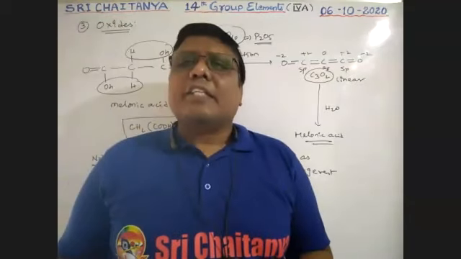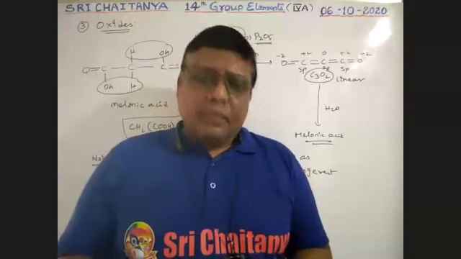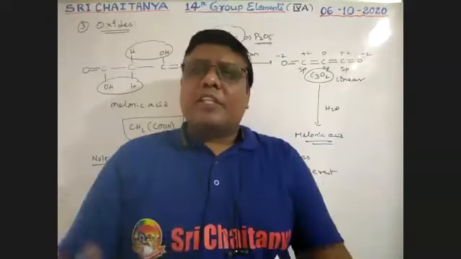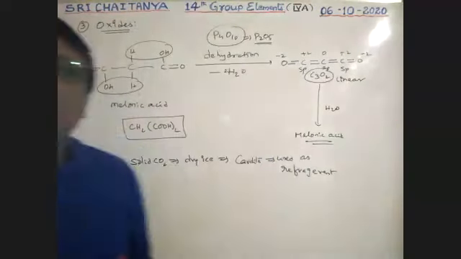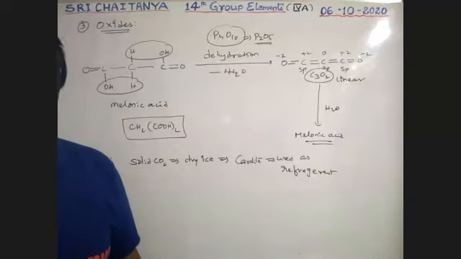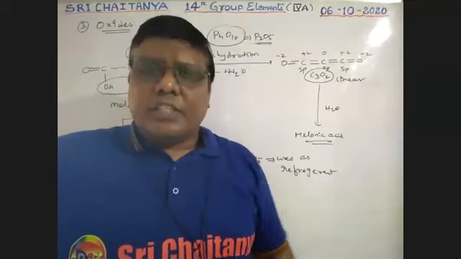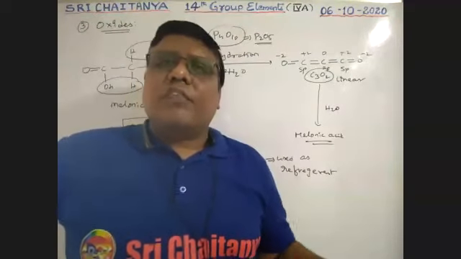For cooling things like ice creams, very low temperatures are required. Those low temperatures are created with this solid CO2, which is why it is used as a refrigerant. So this is about the oxides of our 14th group elements.